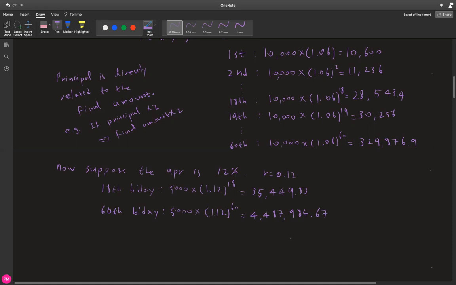So as we can see, when the APR doubles, the amount that we have here not only doubles, but it's significantly larger. So we can see that the relationship between the APR and the final amount is an exponential relationship.